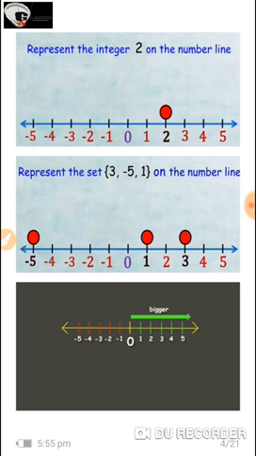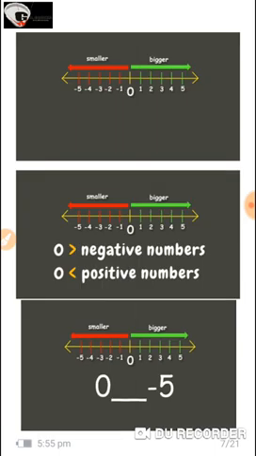The other topic is comparing and ordering of integers. Now students, remember, the numbers that are on the right side of 0 get bigger and bigger. The numbers that are on the left side of 0 get smaller and smaller.